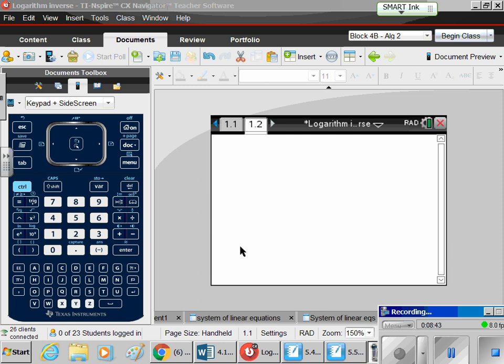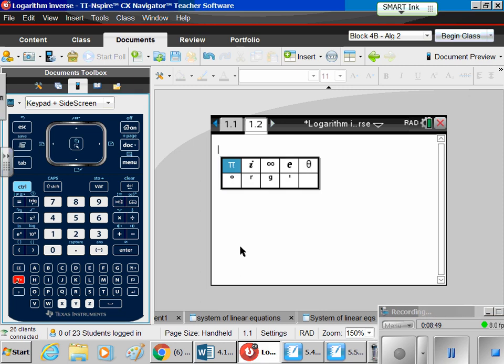Okay, here's our calculator. If you look on the bottom left, you'll see the parentheses, you'll see a double E, and then you see this pi. When you open up that pi, you'll see pi, i, infinity, e. The only ones we're going to use during our course are pi, i, and e.